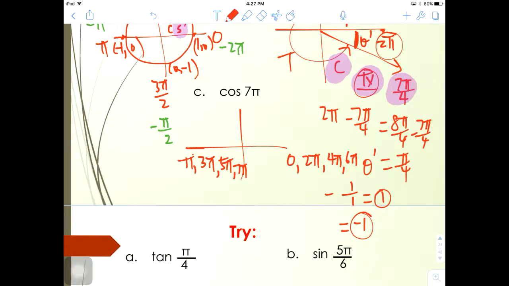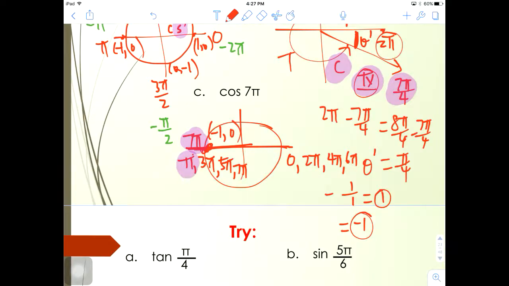So 7 pi is actually on the special line right here, and here is the coordinate. If you draw the unit circle, here is 7 pi right here. So 7 pi is actually the same as pi. They are coterminal angles. And so the coordinate is actually -1, 0.